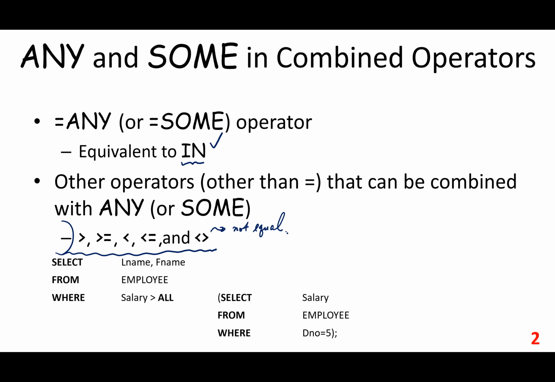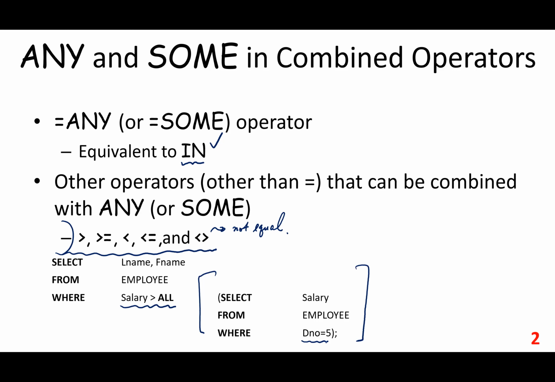One example here: you can see the maximum. Another way we represent maximum: salary greater than ALL of the inner query, right? So this is the inner query, the salary of the employees in department 5.